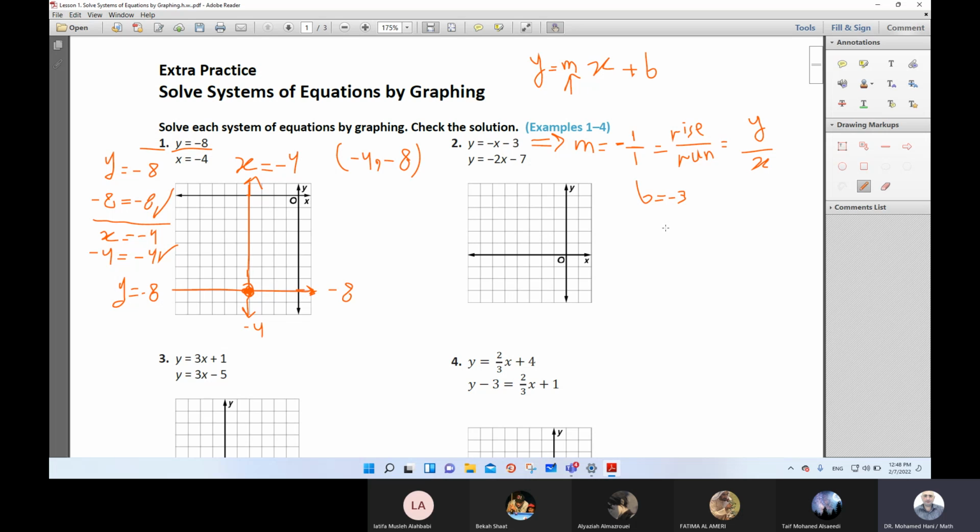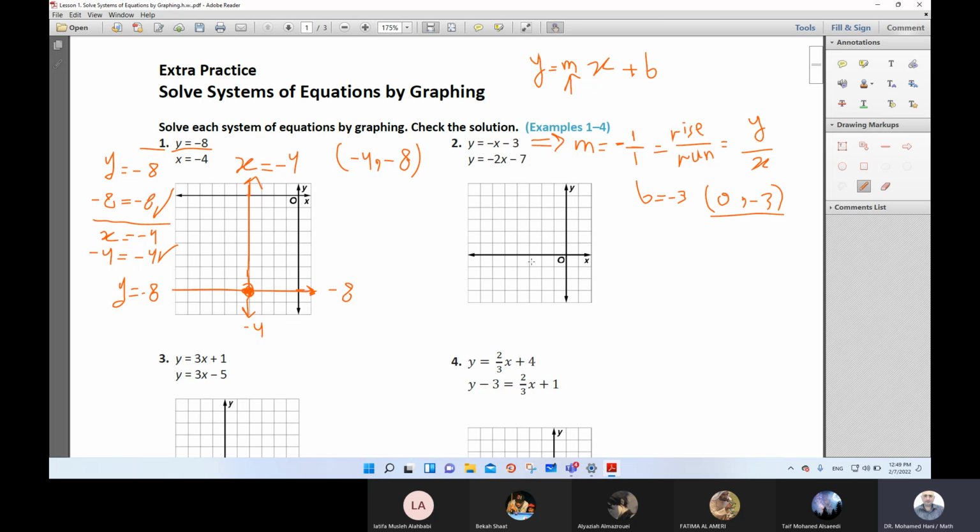And b means the intersecting point between the y-axis and the line. So the value of x at this point will be 0. So we have 0, minus 3, and this is the first point. So first, represent this point in the graph, 0, negative 3.